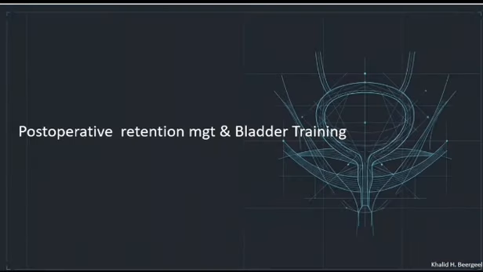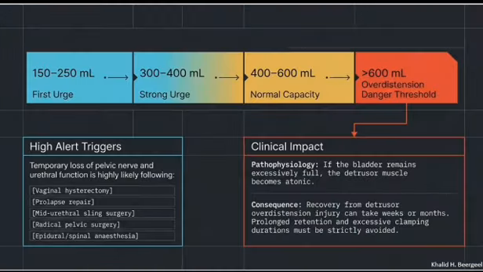High alert triggers, or things that may indicate the possibility of urinary retention, include temporary loss of pelvic nerves or urethral injury, which can happen in pelvic surgeries like vaginal surgery, prolapse repair, urethral sling surgery, radical pelvic surgery, or any type of epidural anesthesia.